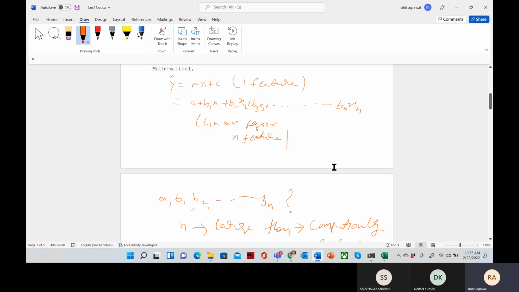If n is very large, then it is computationally expensive, and sometimes it will take a lot of time to build your model. If you have millions of samples, and each sample has maybe 100 features, that is very computationally expensive.